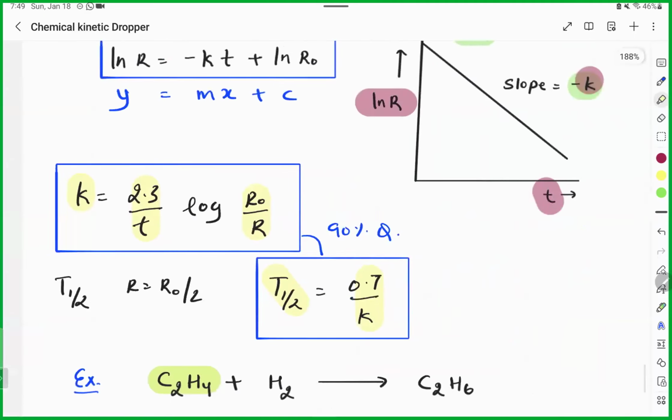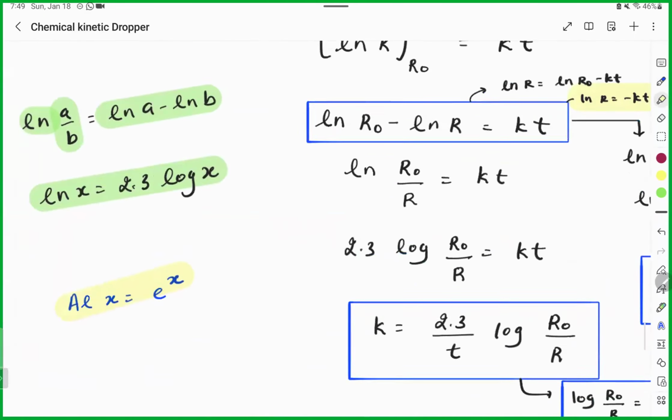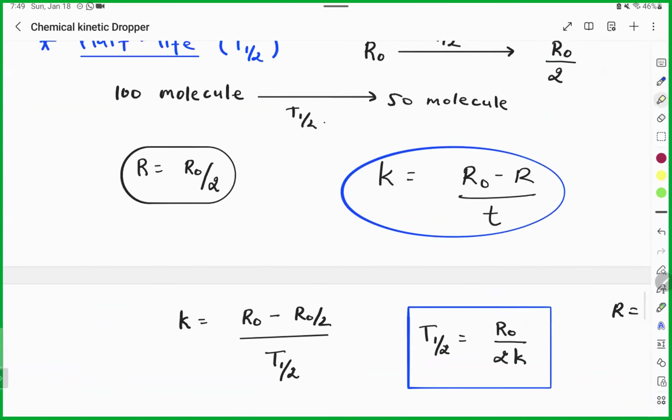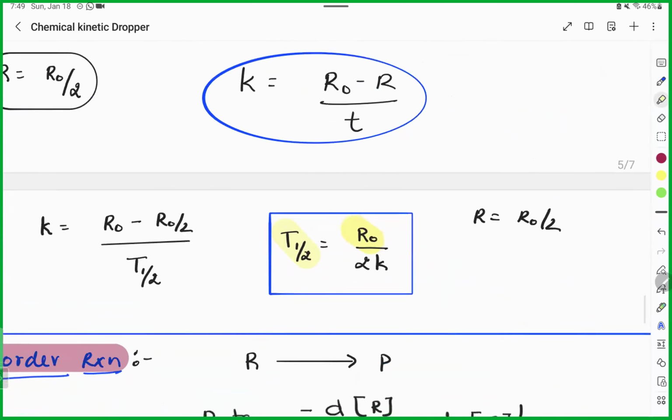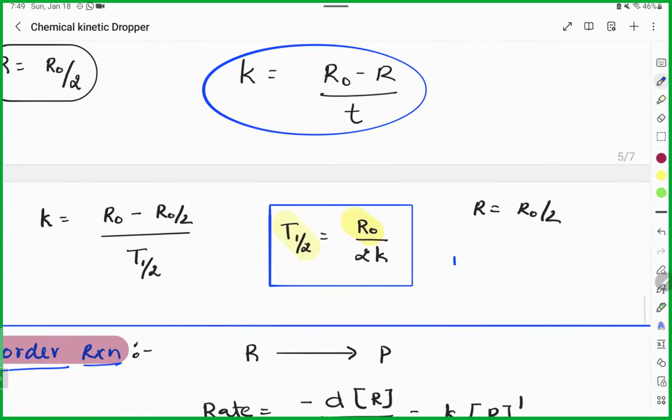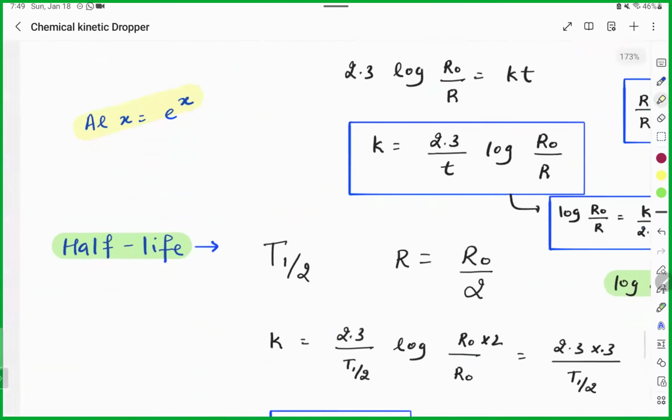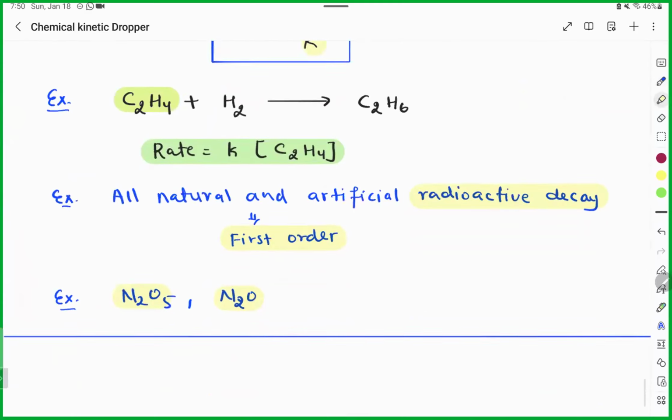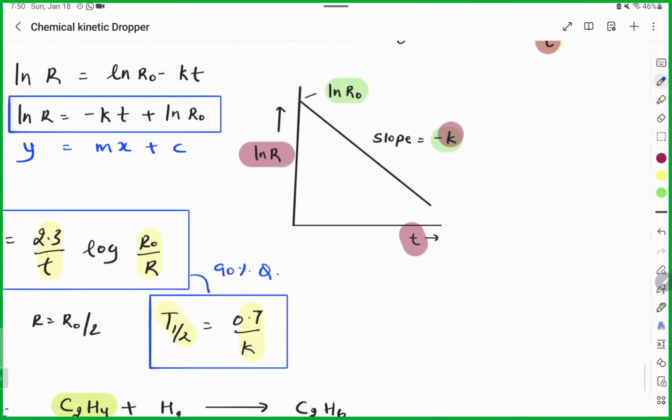If you take zero order reaction, half lifetime depends upon R naught, directly proportional to R naught. But in first order, half lifetime does not depend upon the R naught value.